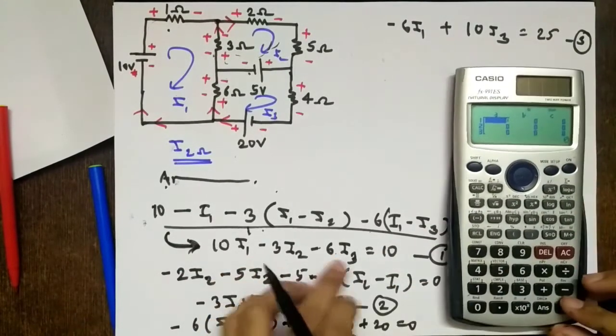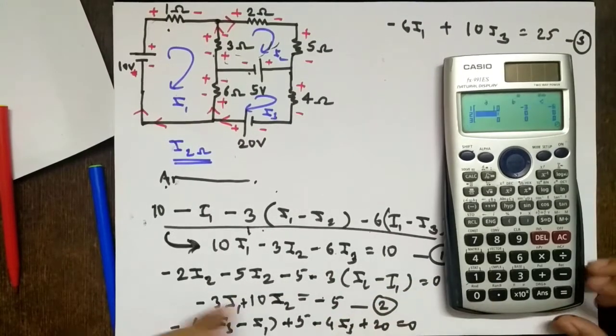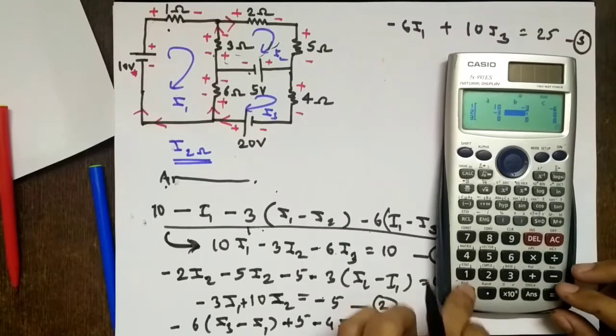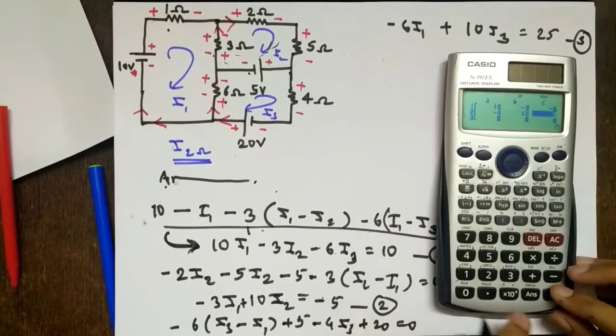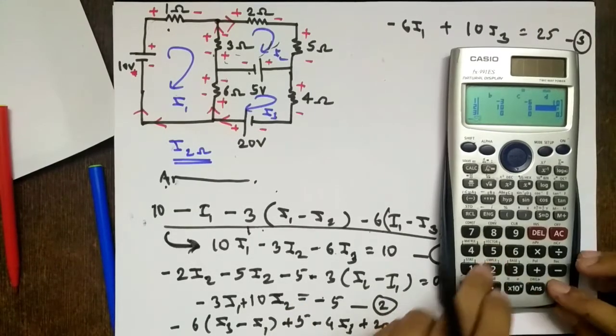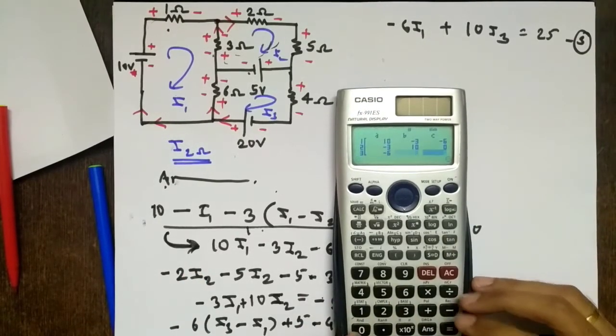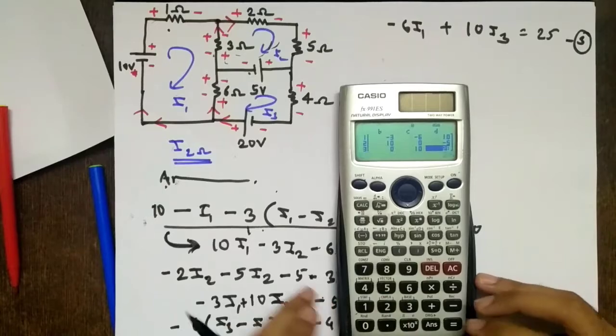So 10, minus 3, minus 6. 10, minus 3, minus 6. 10, minus 3. 10. 0. 0 I3 is there. I have not written it, but you have to consider 0 I3. Minus 5. Then minus 6 I1, 0 I2. So 0, 10, 25.